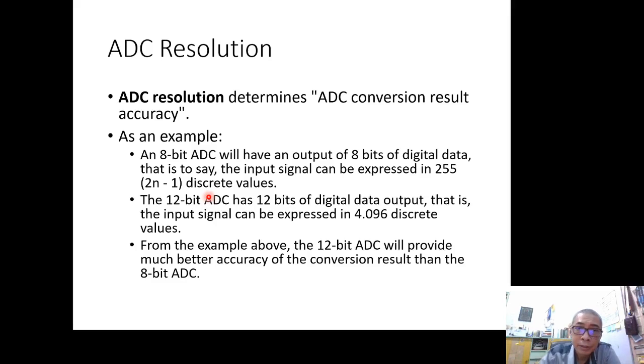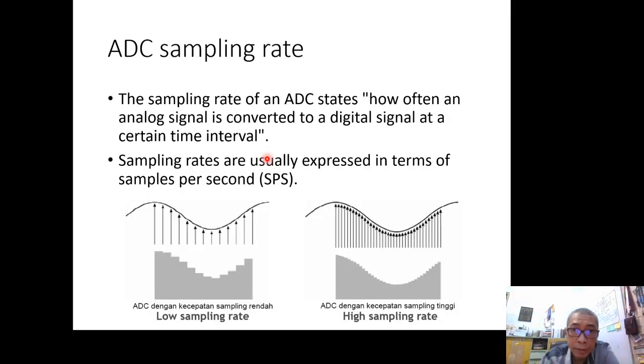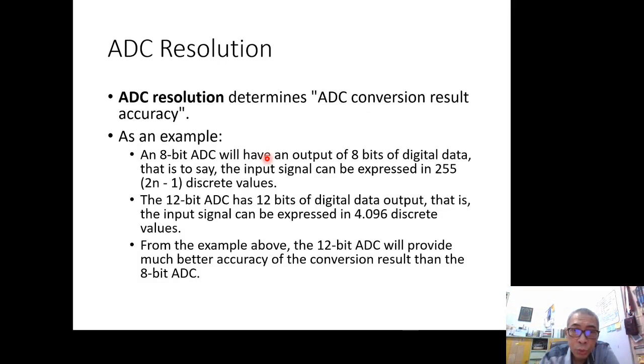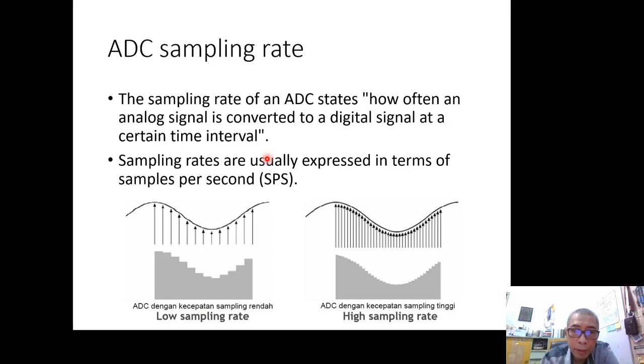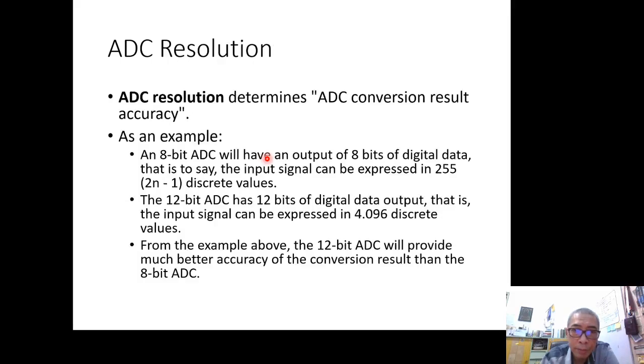The next one is ADC resolution, which I mentioned before, because the ADC resolution determines the accuracy of the ADC conversion result. That's the difference between the sampling rate and resolution, but you need to know both concepts of the ADC: the first is sampling rate and the second is resolution. For example, if we have an 8-bit ADC, we will have an output of 8 bits of digital data.